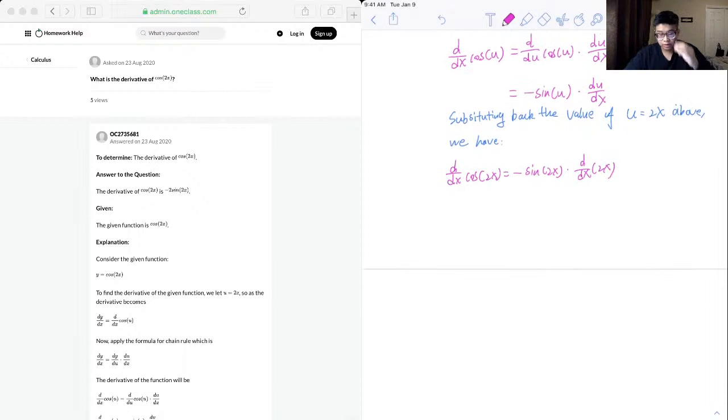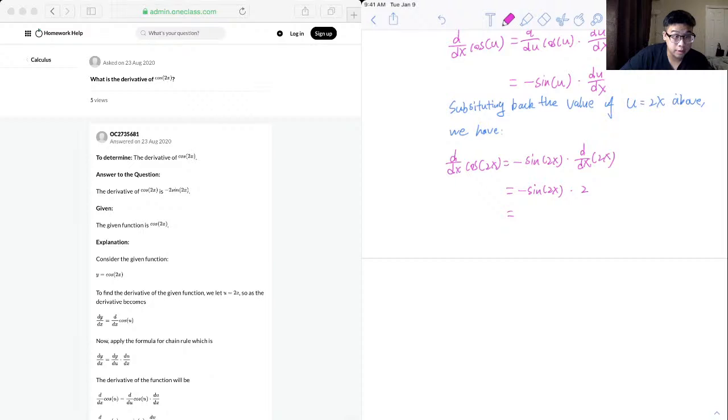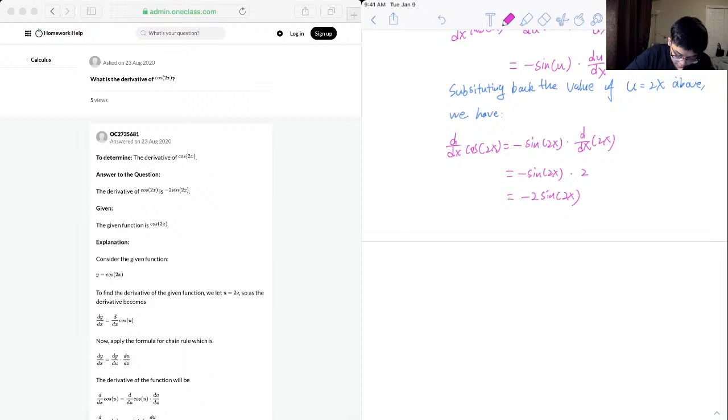And we know the derivative of 2x is just going to be 2. So this is equal to negative sine 2x times 2. And we take 2 to the front, so it comes to negative 2 sine 2x. So, in our conclusion, we can say hence the derivative of cosine 2x is negative 2 sine 2x.